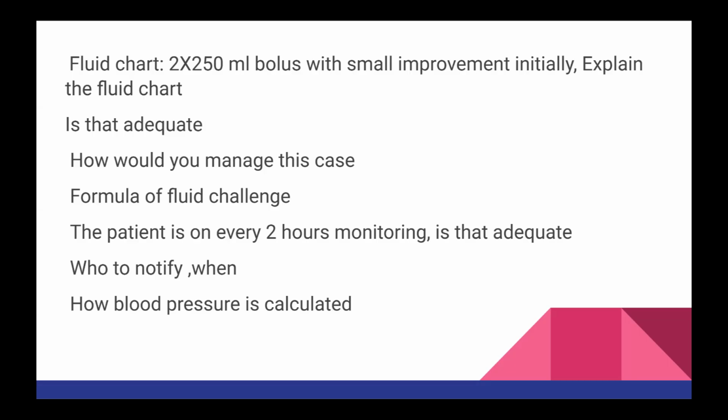Okay, so what is the formula for calculating blood pressure? Blood pressure is cardiac output into systemic vascular resistance. So the cardiac output is stroke volume into heart rate. Okay, so by what measures can we increase the blood pressure of the patient?